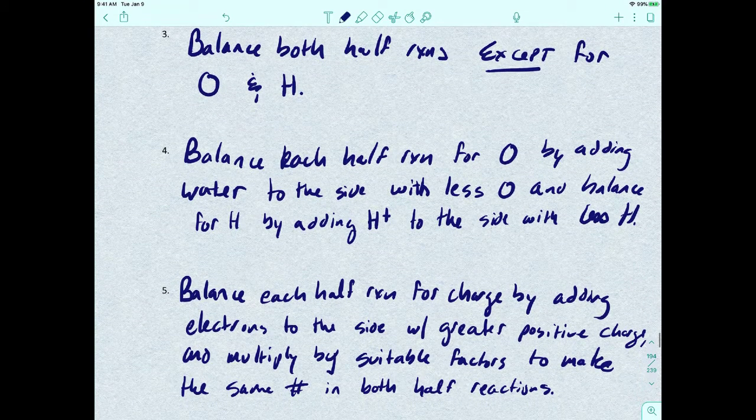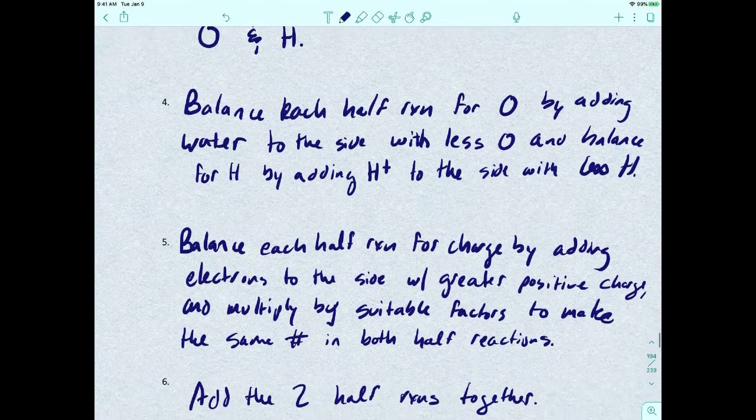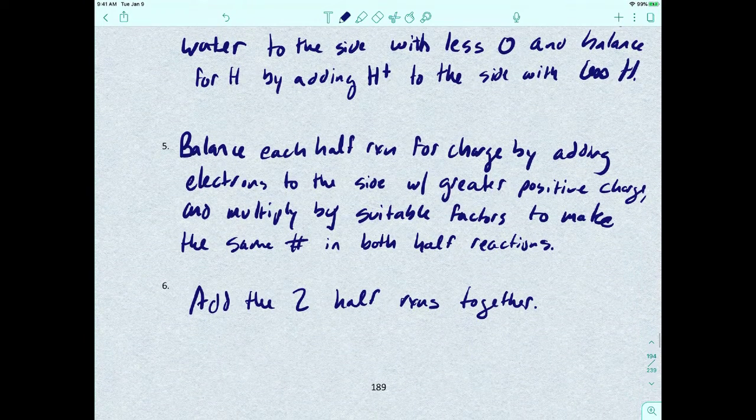Step 4, balance each half reaction for oxygen by adding water to the side with less oxygen, and balance for hydrogen by adding H plus to the side with less hydrogen. Step 5, balance each half reaction for charge by adding electrons to the side with greater positive charge and multiply by suitable factors to make the same number of charge in both half reactions. Step 6, add the two half reactions together.